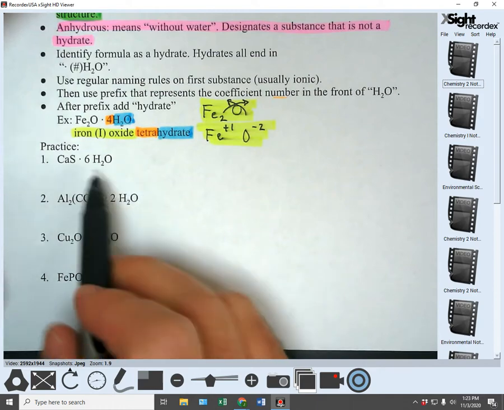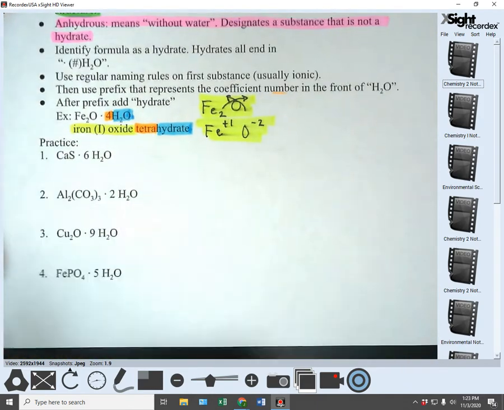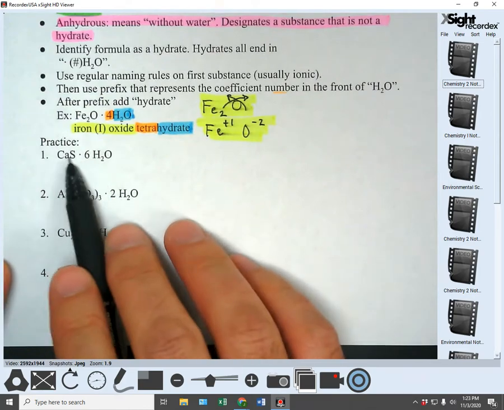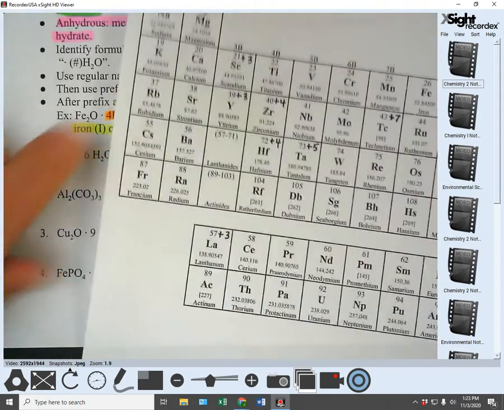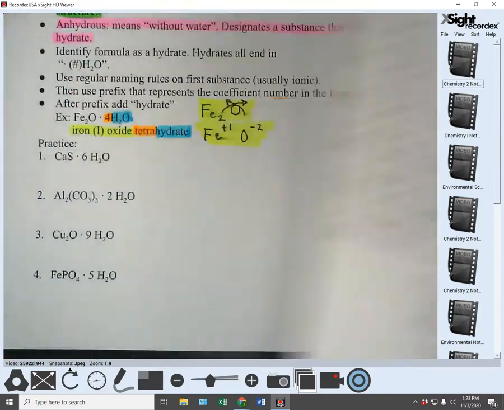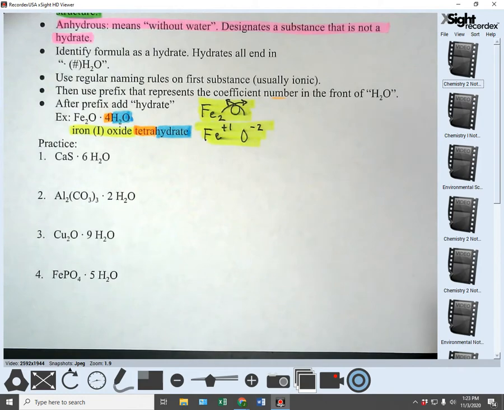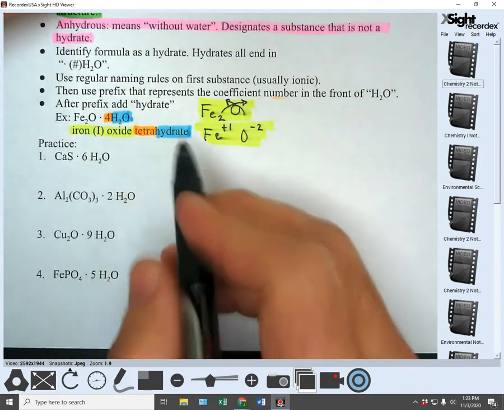Okay, so the first part, the CaS, we're going to do ionic. Does the cation, the Ca, have more than one ion? So we look up calcium. Calcium is a +2, so it only has one. That means we don't need to worry about reversing the charges and finding the charge, all that kind of stuff. We just start writing the name. So it's calcium.